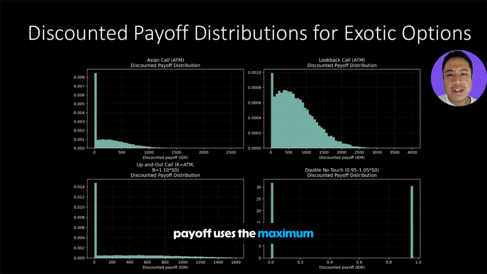Payoff uses the maximum USDIDR over the period. This gives the trader the best level, so the payoff distribution has a fatter right tail. 3. Up and out call. Vanilla call with a knockout barrier at 110% of spot. If USDIDR ever trades above that barrier, the option dies. That's why many simulated payoffs are exactly 0.